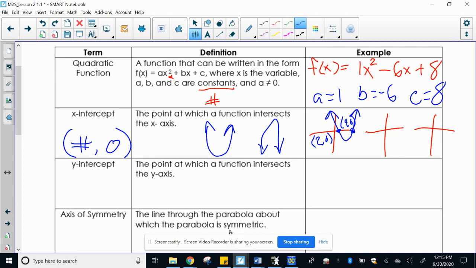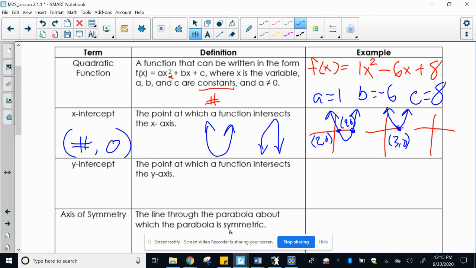Our second possibility, what if that U just touched right at the axis? It's a little bit tougher to draw, something like that. Now we only have 1 x-intercept. Maybe this point is 3, comma 0. Right now I'm just drawing out our different possibilities. We could have 2 x-intercepts as we had in the first picture.